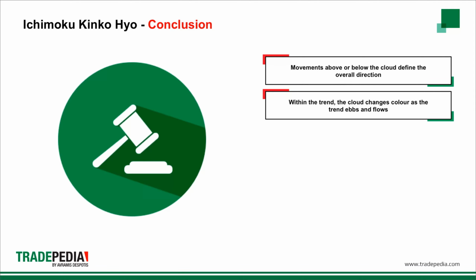Within the trend, when you look at the cloud, there are three things you can look at. The first one is looking at the price, whether it's holding above the cloud or below the cloud, because generally it defines the overall direction of the trend.